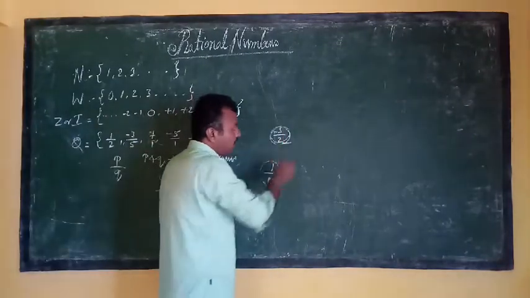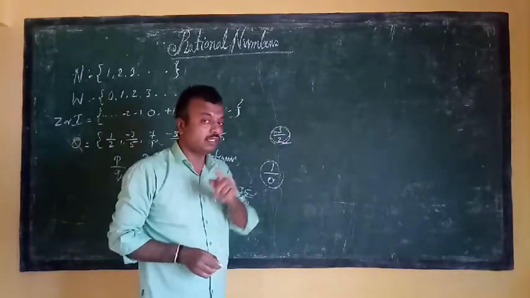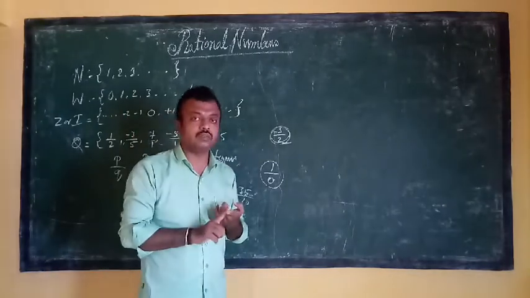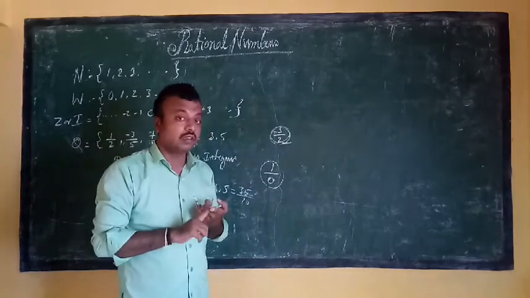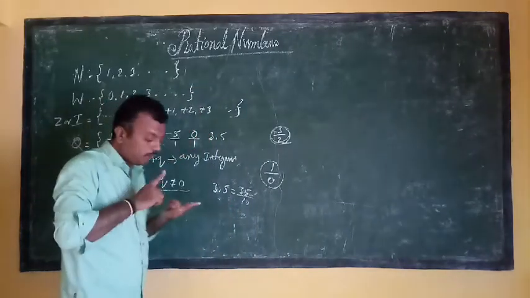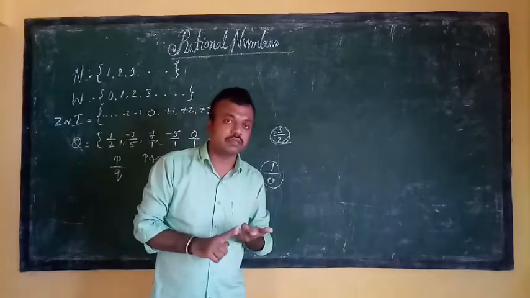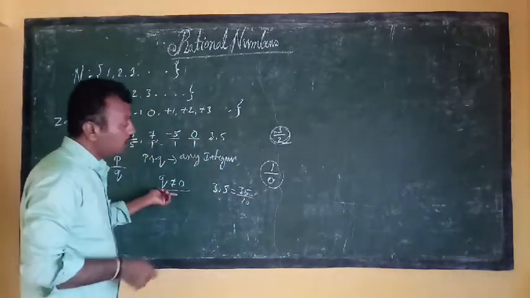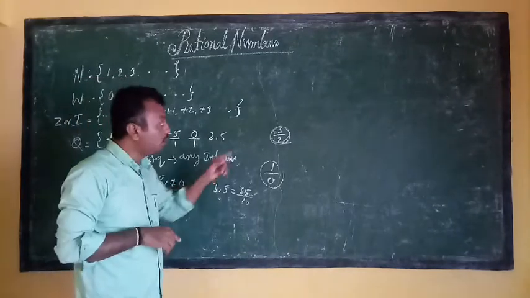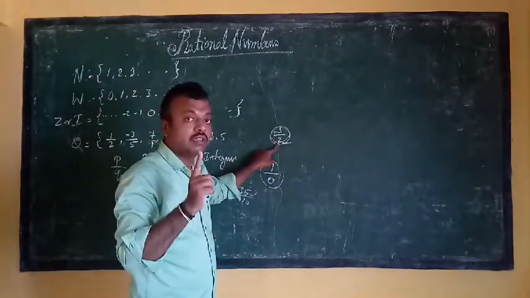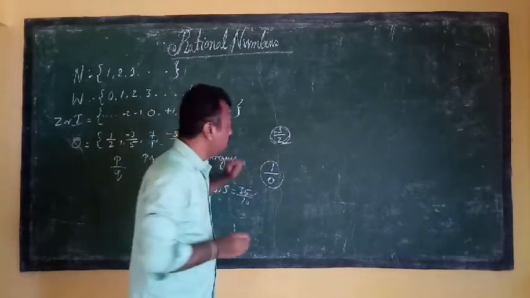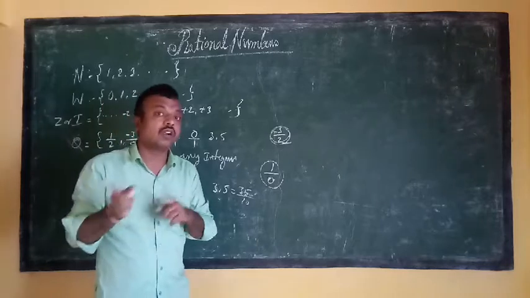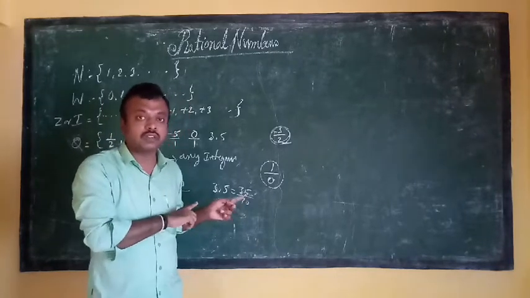See here, minus 3 by 2 is only a rational number, not a fraction, because a fraction always has a positive sign, but rational numbers are not like that. Rational numbers can have both a positive sign and a negative sign, but fractions have only the positive sign. That is why every fraction is a rational number, but every rational number is not a fraction.